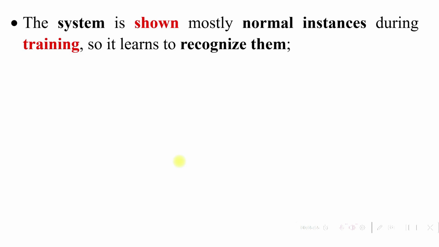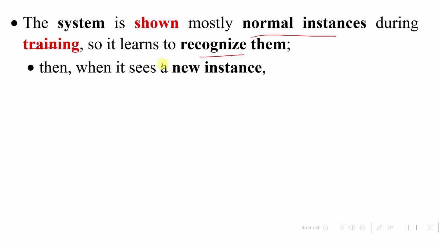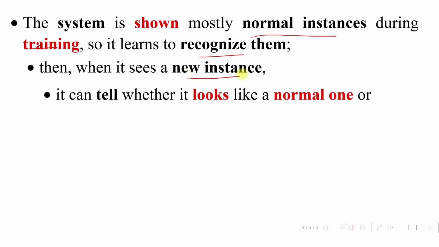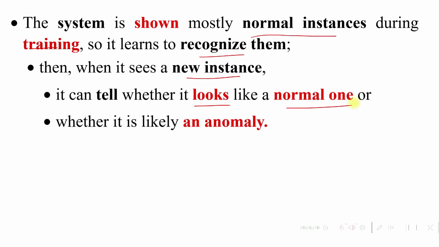The system is shown mostly normal instances during training, so it learns to recognize them. Then, when it sees a new instance, it can tell whether it looks like a normal one or whether it looks like an anomaly.